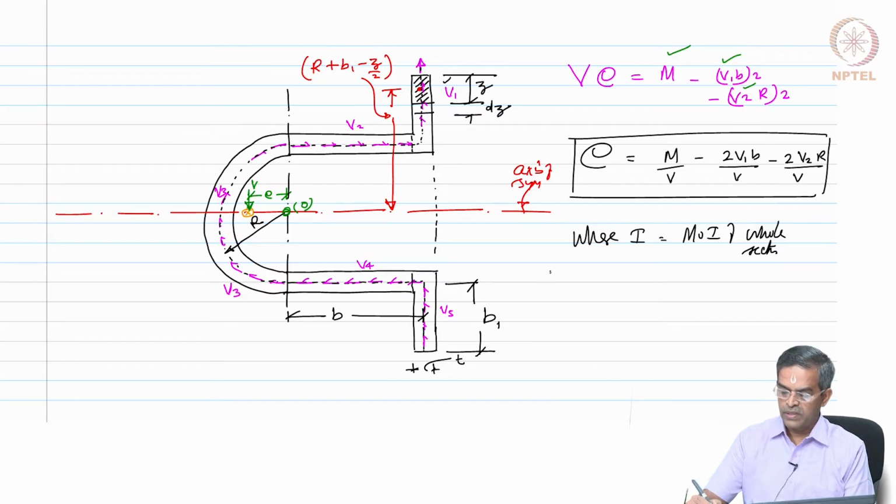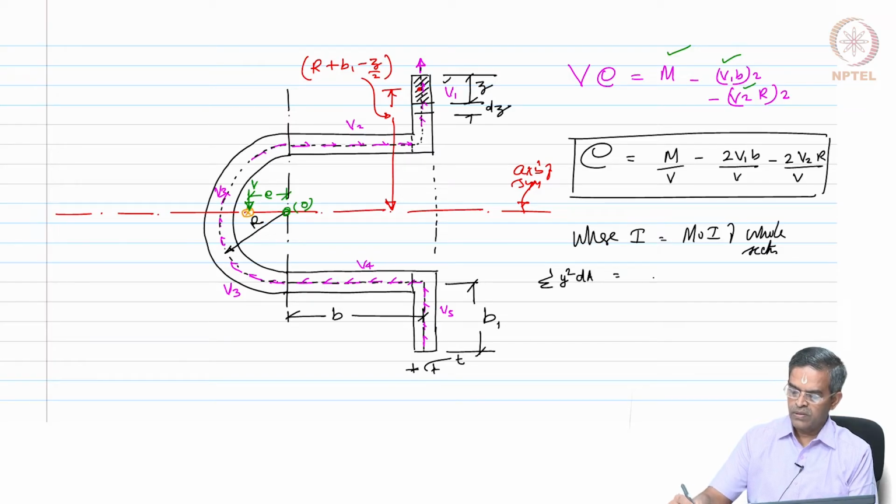I think moment of inertia is the sum of second moment of area of all the pieces. You can do it for component 1 and 5, component 2 and 4 plus component 3.